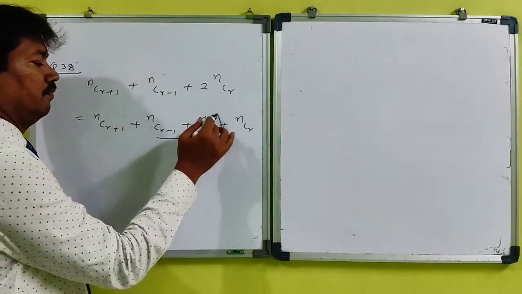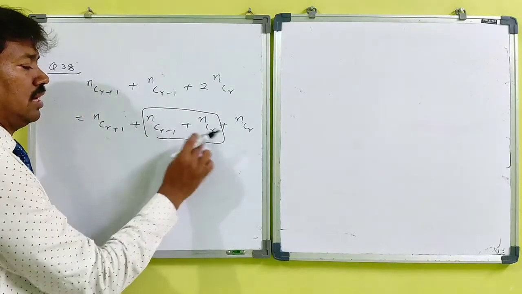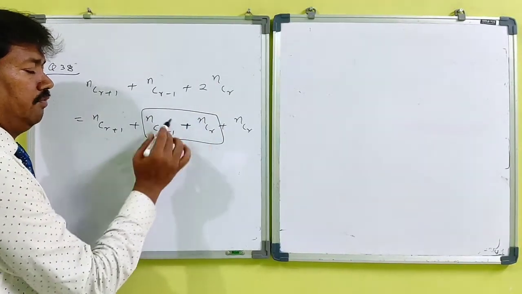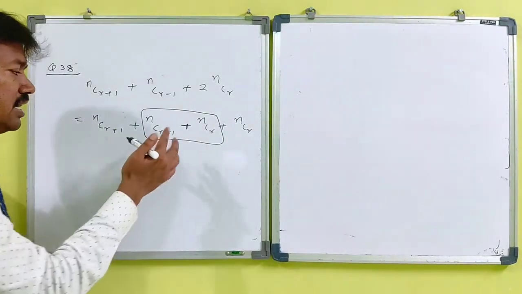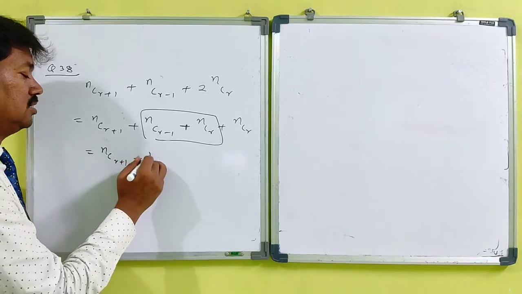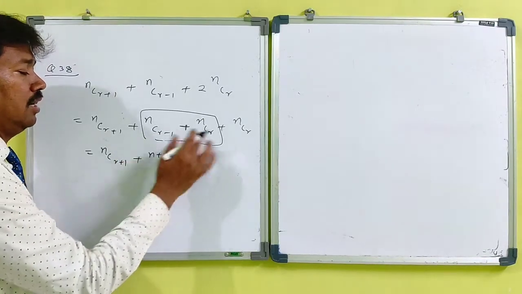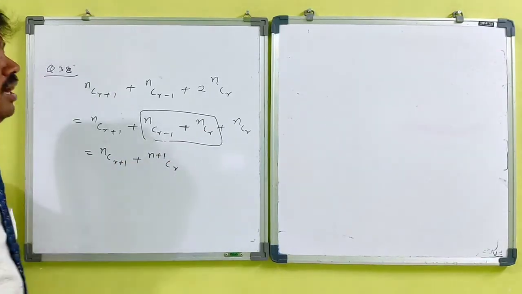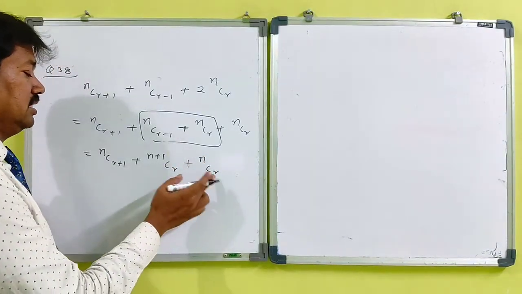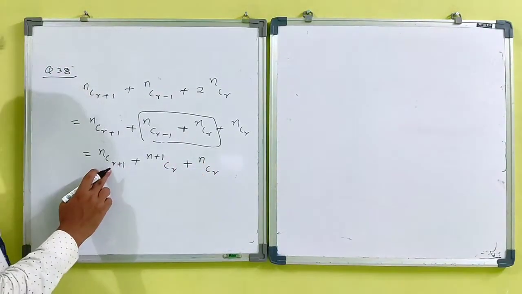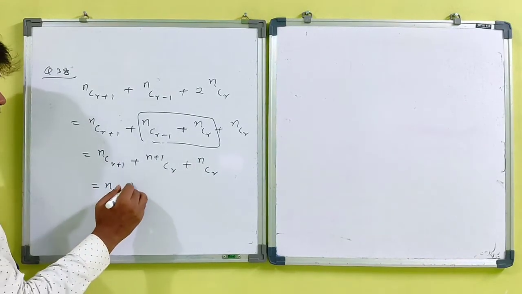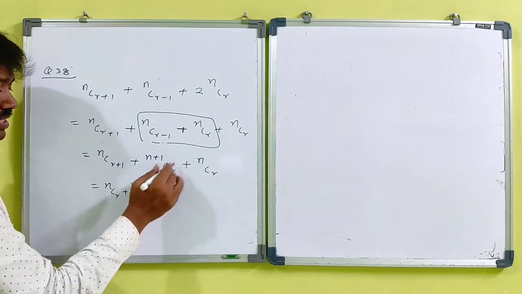If we add the two consecutive terms, n increases by 1, so it becomes n plus 1, and we take the highest of the two r values. So like this, it becomes n plus 1 Cr. Similarly, this and this can be added, two consecutive terms again: nCr plus nCr plus 1.